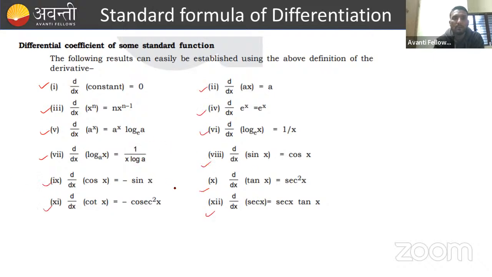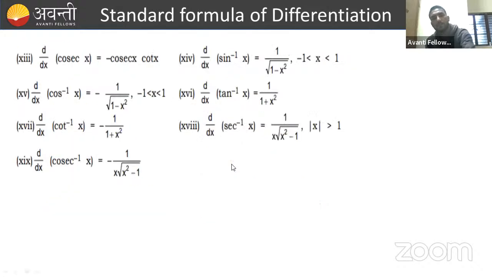You should remember these formulas, otherwise there will be a problem. Besides these, there are also other formulas. The last 3 formulas are not so common, because they are not used in many questions, but up to the 17th it is there. So try to remember up to 16. They should always be in your mind, then only can you solve the problems.